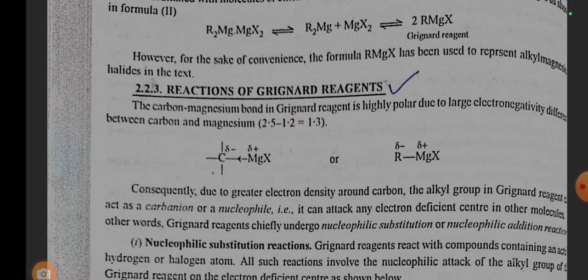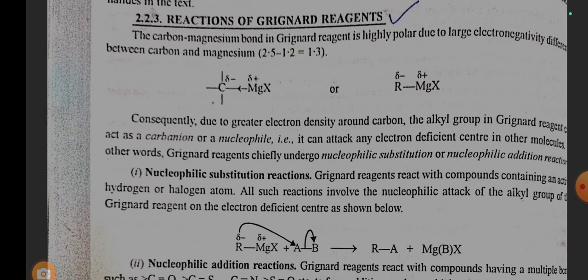Reactions of Grignard reagents. The carbon-magnesium bond in Grignard reagent is highly polar due to large electronegativity difference between carbon and magnesium. Consequently, due to greater electron density around carbon, the alkyl group in Grignard reagent can act as a carbanion or a nucleophile, that is, it can attack any electron deficient center in other molecules.